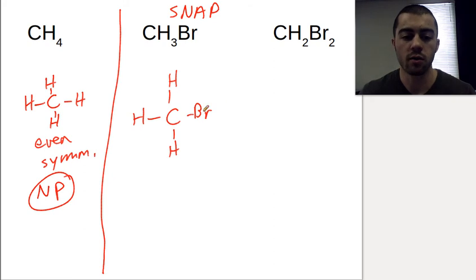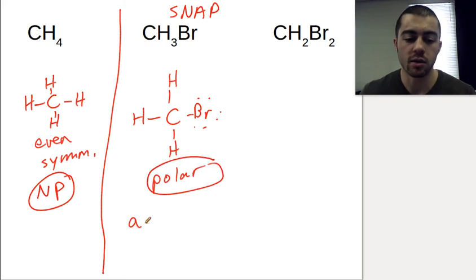We have the bromine over here, which has all these lone pairs on it. This is an uneven distribution of charge because we have a negative end here and then some hydrogens over here that are going to be fairly positive because the carbon is going to hold the electrons closer to itself. So this is going to be a polar molecule because it's asymmetrical.